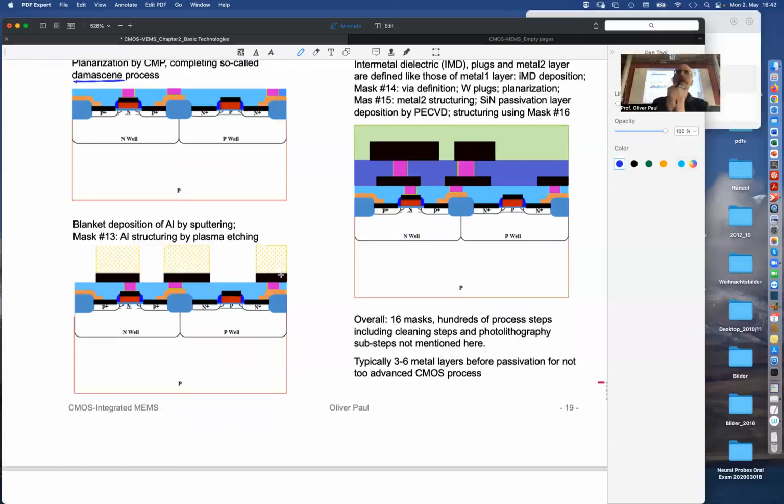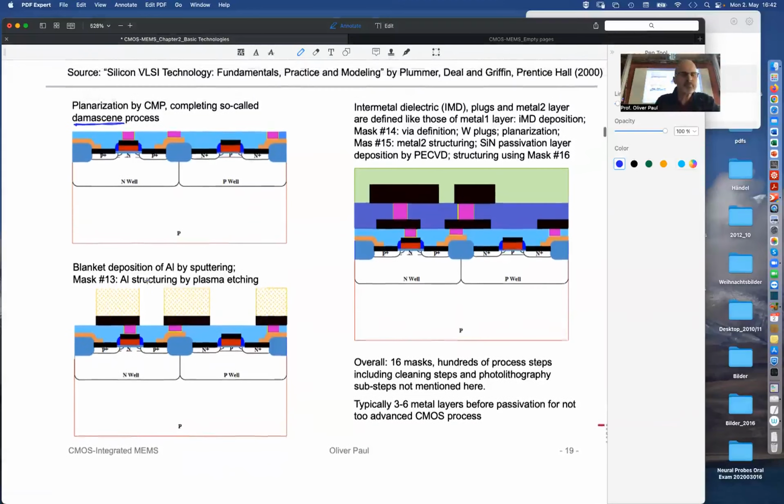So that is not liked by the CMOS designers, because their transistors don't work. But in aluminum, it's easier. You can just deposit aluminum and then you can structure aluminum by reactive ion etching. And this is done here by plasma etching.